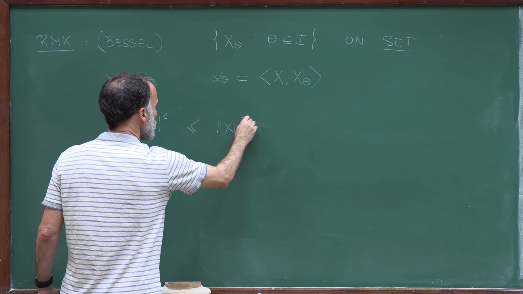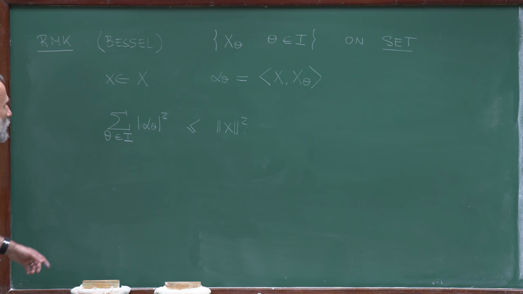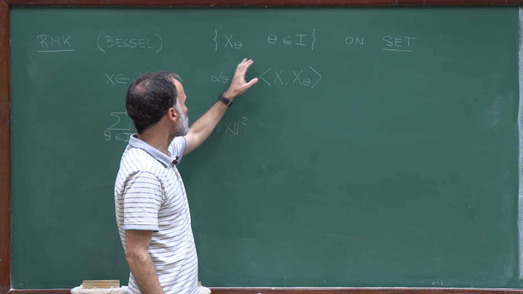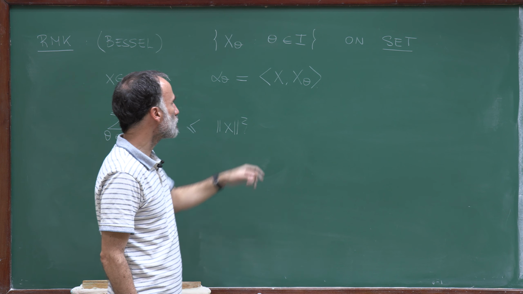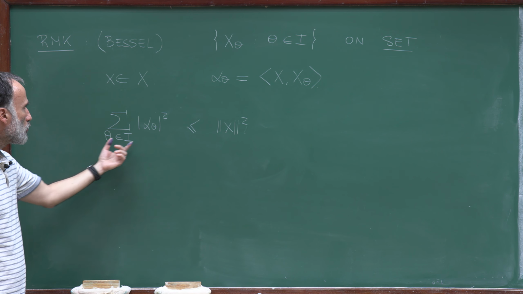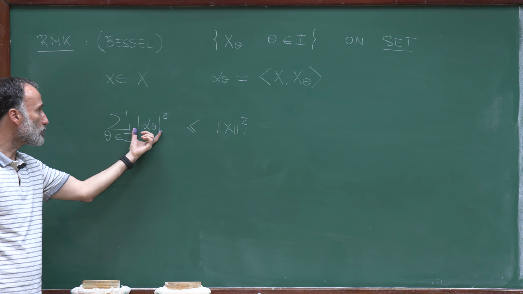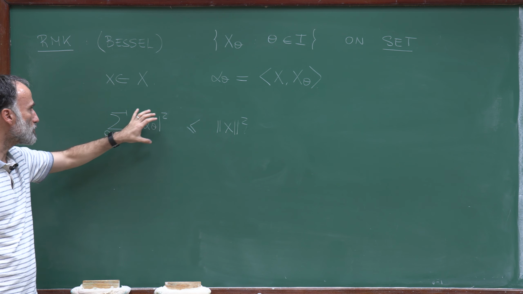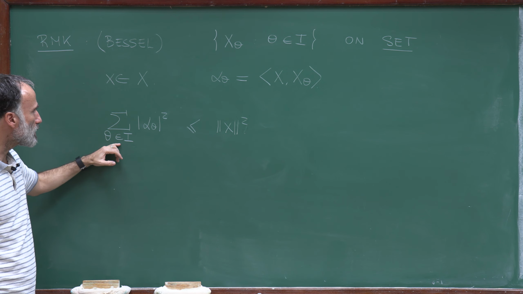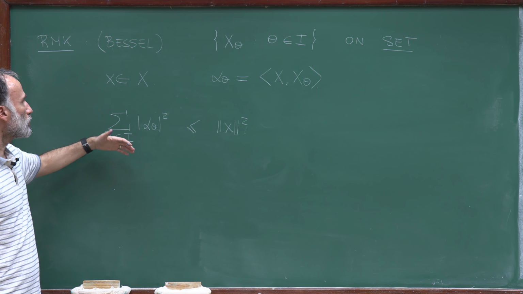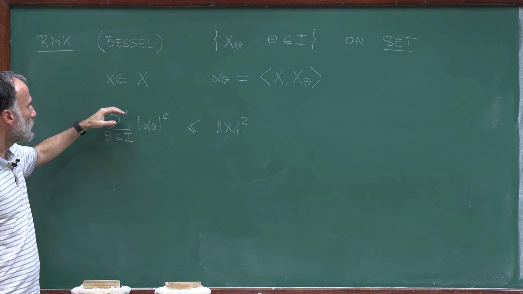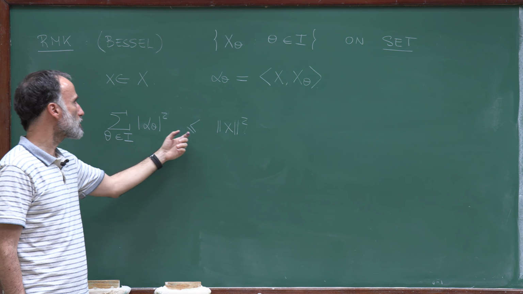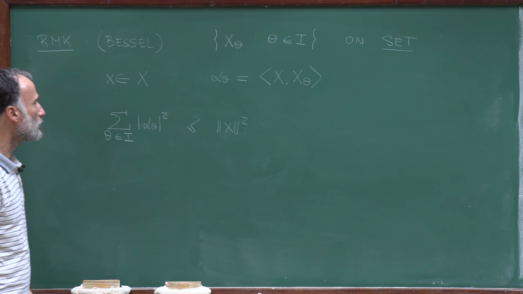So this is Bessel's inequality. We proved first that the set for which this is different from 0 is countable. So we have at most a countable number of thetas for which this is different from 0, and this sum makes sense. We proved not only that this sum makes sense, but that the sum of the squares is bounded by the norm of x squared.